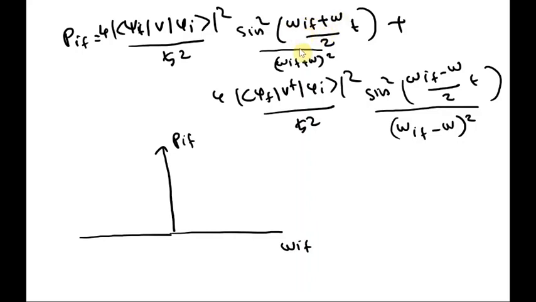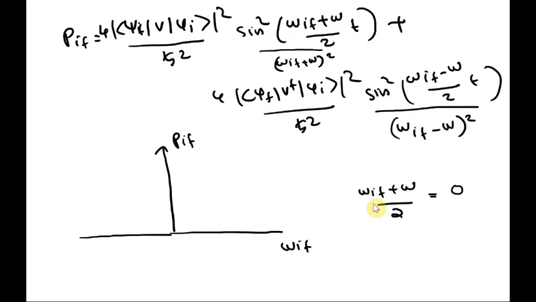So the principal maxima for this kind of function will come whenever omega if plus omega by 2 equals 0.